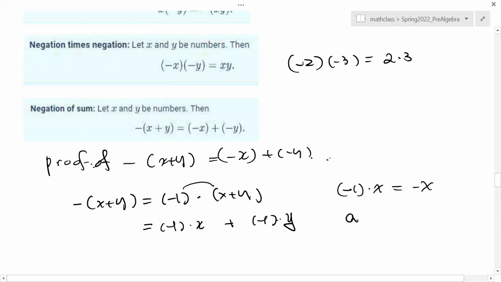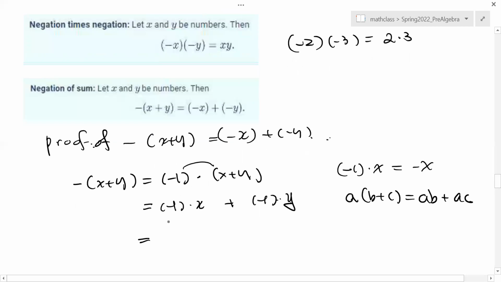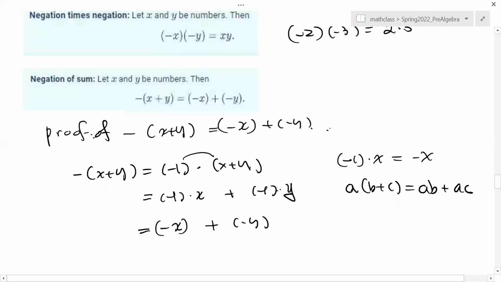I'm using the fact a times (b plus c) equals ab plus ac. Every step, you have to mention the formula you use. Then again, -1 times x is -x, and -1 times y is -y. So we solve the problem, using the fact again that -1 times x is just -x.